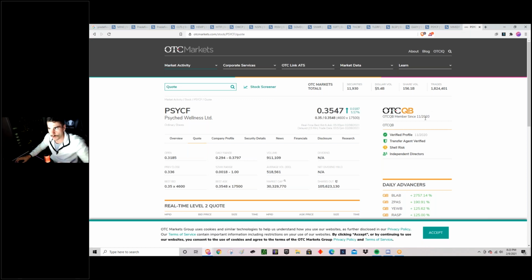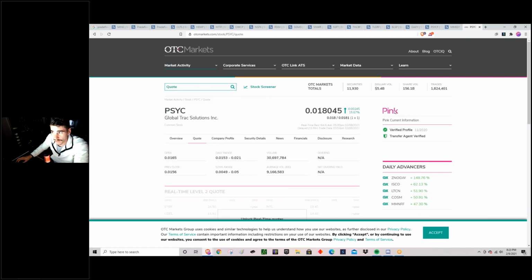You don't need to worry about an overnight halt on a QB. I don't think I've ever seen a pink get halted. It's going to be rare because pink is up to date. OTC QB is just another level up from pink. There's pink and then OTC QB is the next tier up.